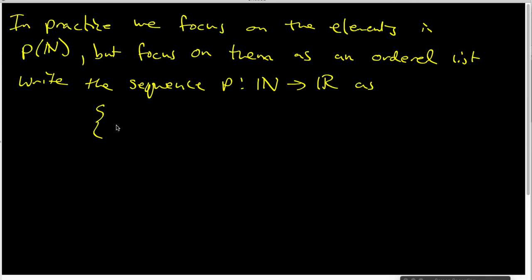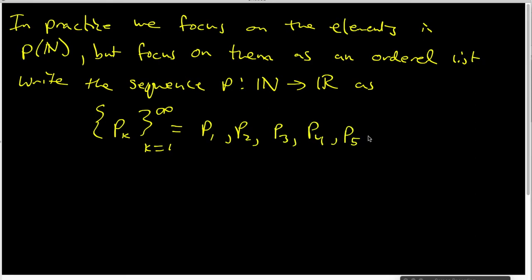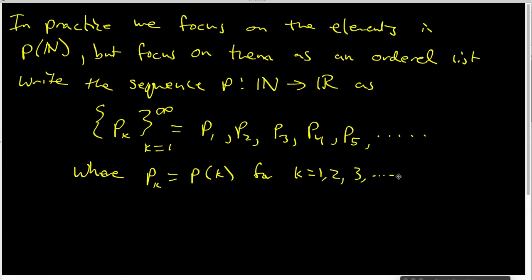So we're opening up a curly set brace, p sub k, as k goes from 1 to n, and we write this as p1, comma, p2, comma, p3, comma, p4, comma, p5, and this list never ends. And this is where p sub k is nothing more than p of k for k equal 1, 2, 3, and so on. Now, it's important to realize that the elements on our list are not necessarily distinct.